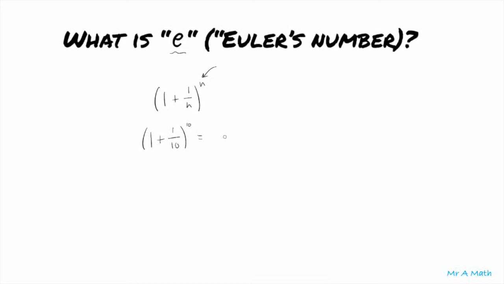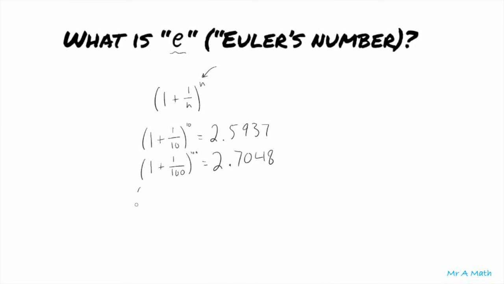And if you plug all that into your calculator, eventually you get 2.5937 as an answer. Now, if I raise it to a slightly bigger number, maybe a lot bigger, like 100, what I notice is that my number jumps up to 2.7048.